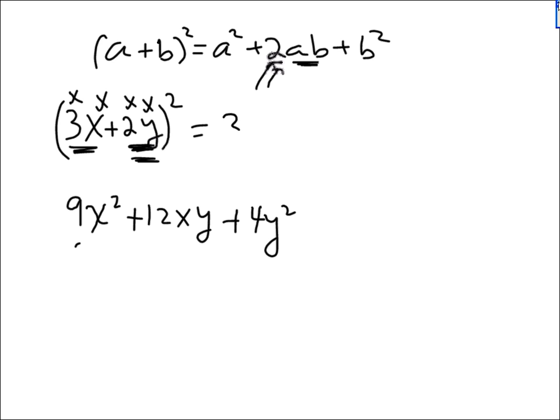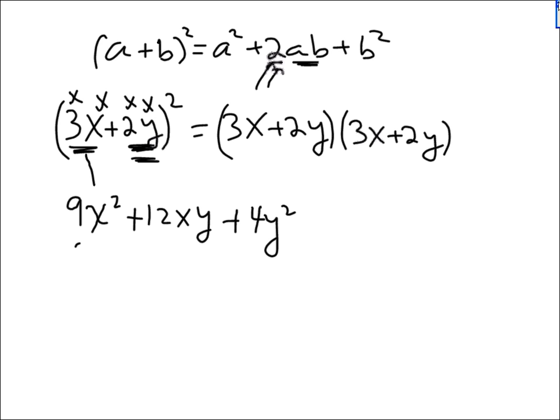Now, I want to convince you that I'm not asking anything that you wouldn't have to ask if you FOILed it out. The first thing I asked myself was, what's 3x squared? Well, if you FOIL, the first thing you're going to ask yourself is, what's 3x times 3x? And then the next thing I ask myself is, what do you get when you multiply 3x times 2y, and then double that?